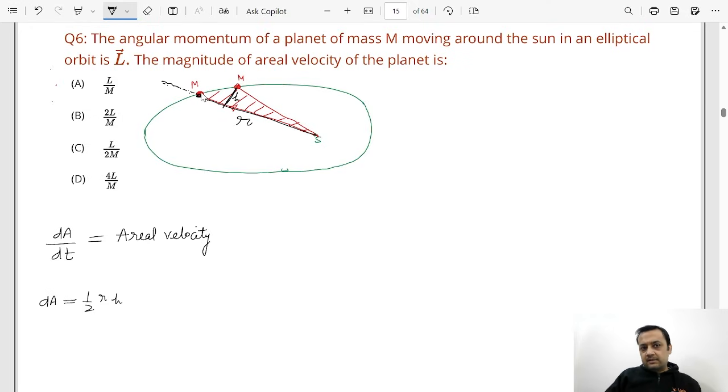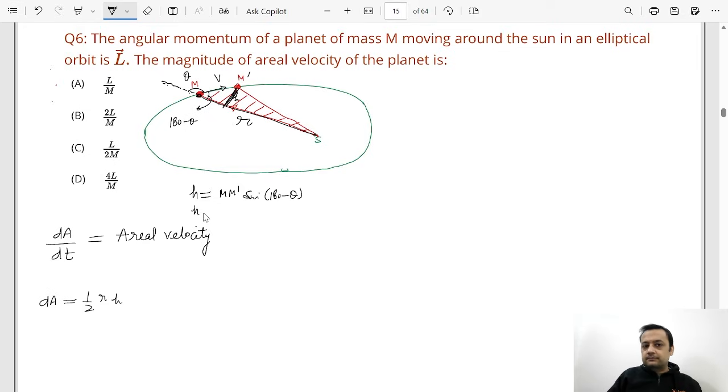Now let us say the velocity of the Mars is v. So if this angle is theta, then this angle will be 180 minus theta, correct? So what is the value of h? h will be MM dash, where this is M dash, times sine of 180 minus theta.